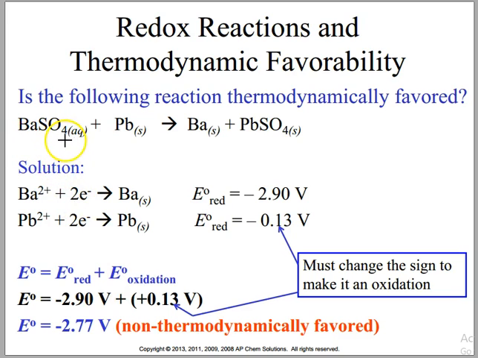We have aqueous barium sulfate and lead reacting to form barium solid and a lead sulfate solid. And in the solution, here are our half reactions.